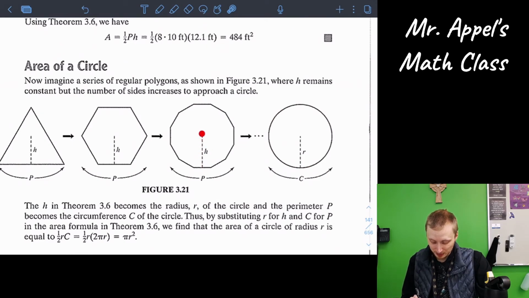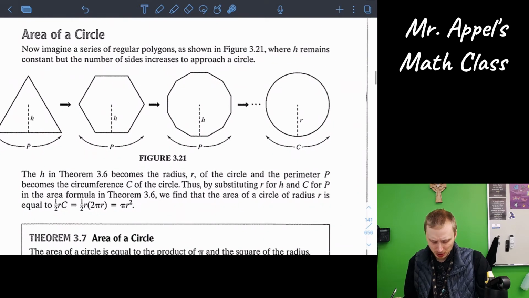You still have that height from the center to the edge times the perimeter, except we start changing the names around. The height in theorem 3.6 becomes the radius, r, of the circle, and the perimeter, p, becomes the circumference, c, of the circle. Thus, by substituting r for h and c for p in the area formula in theorem 3.6, we find that the area of a circle of radius r is equal to 1/2 r times c.